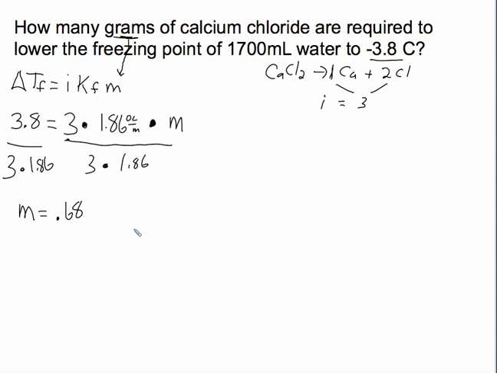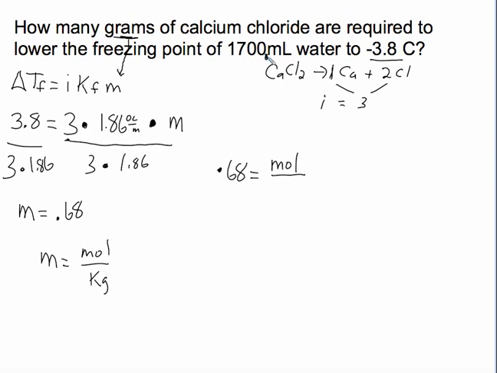Now you can remember the molality formula, that molality equals moles over kilograms. If you can plug in the numbers and get moles, then you can change moles to grams. So I'm going to write that the molality, 0.68, is equal to the moles that we don't know divided by the kilograms.